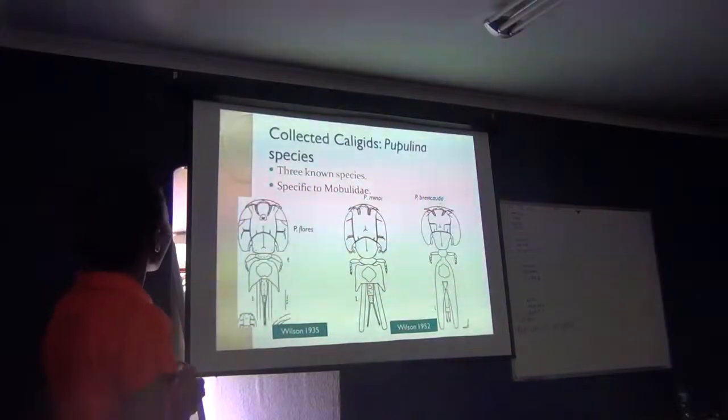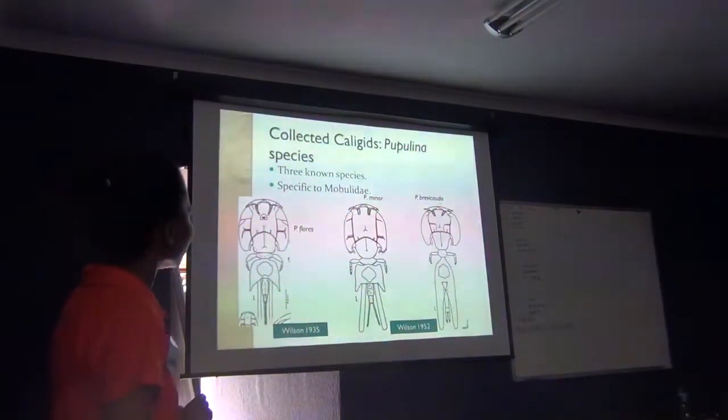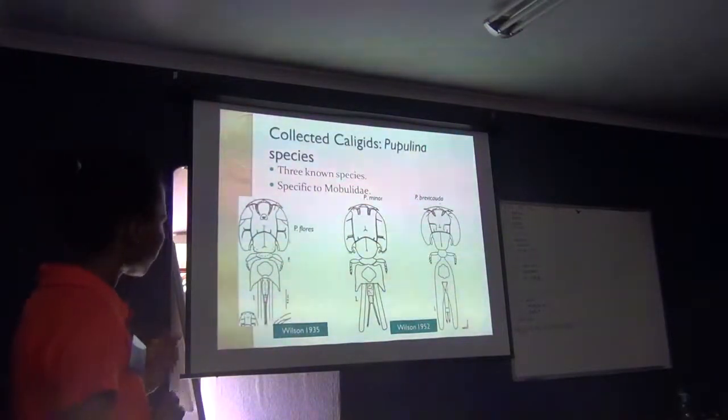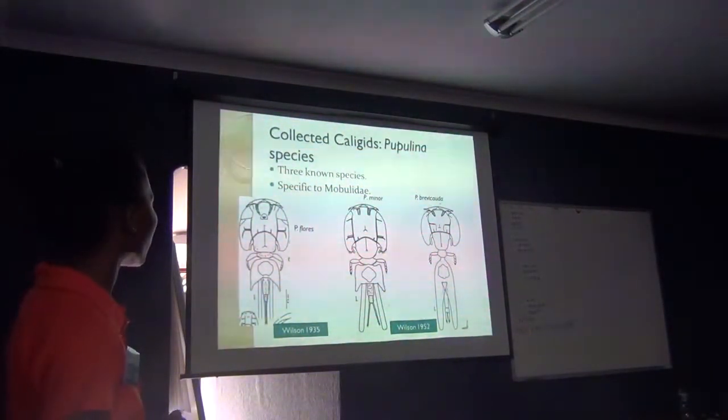Then the second genus that we were able to identify is Pupillina. There are 3 species known within this genus: Pupillina flores, Pupillina minor, and Pupillina brevicoda.